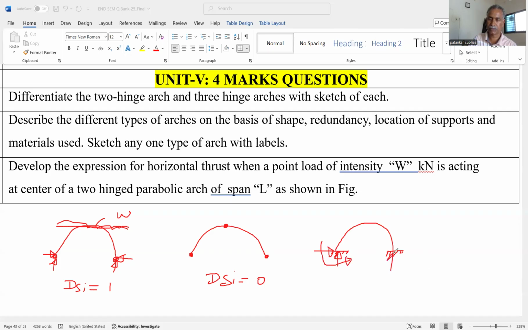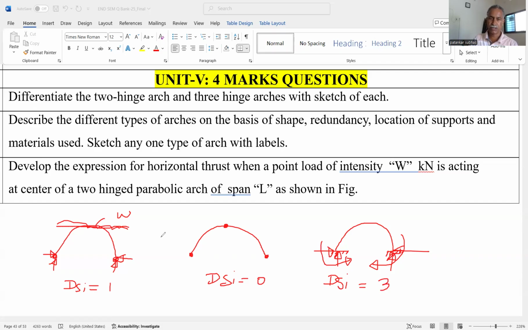One is like this, second is also in this direction, and moment. So there are six unknown reactions and equations are 3. So 6 minus 3, it is 3. So DSI, degree of static redundancy, for the fixed arch, may be 3.